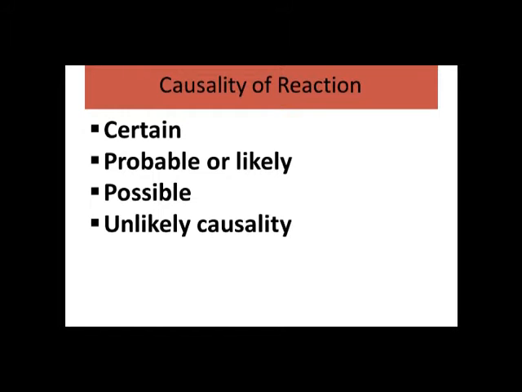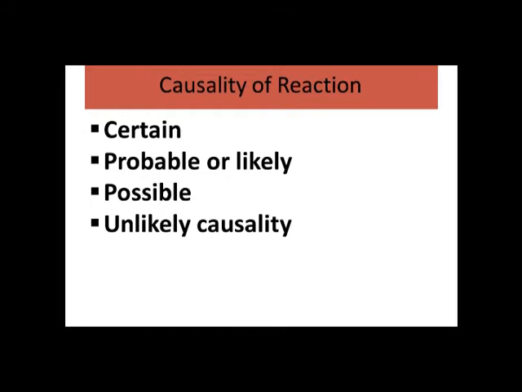So there is a classification on causality of reactions. It is something which is certain, so you are sure that this drug has caused the reaction. But in nature there is always a probability less than 100% also. So there are classifications like probable, which is likely, so you are not sure, but you are confident that this might have happened, something like 70% confidence.